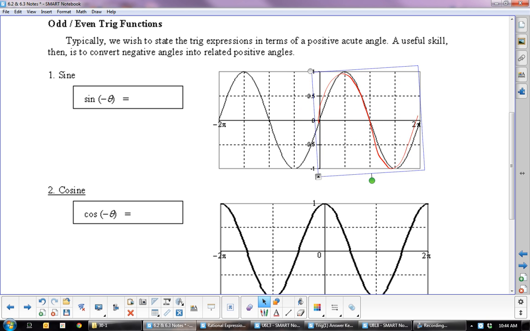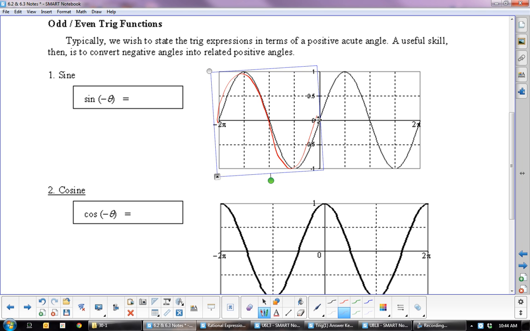Okay, so if you rotated it, you could see that it is an odd function. So this one's odd. That means that sine negative theta is the same thing as negative sine theta. And you could even verify that with your unit circle.